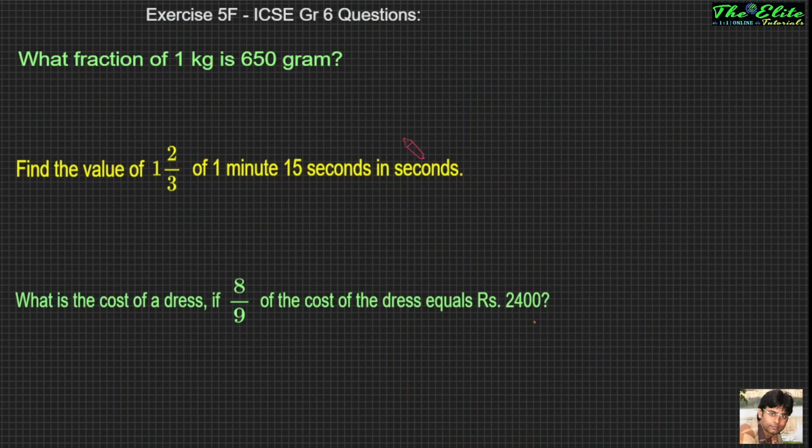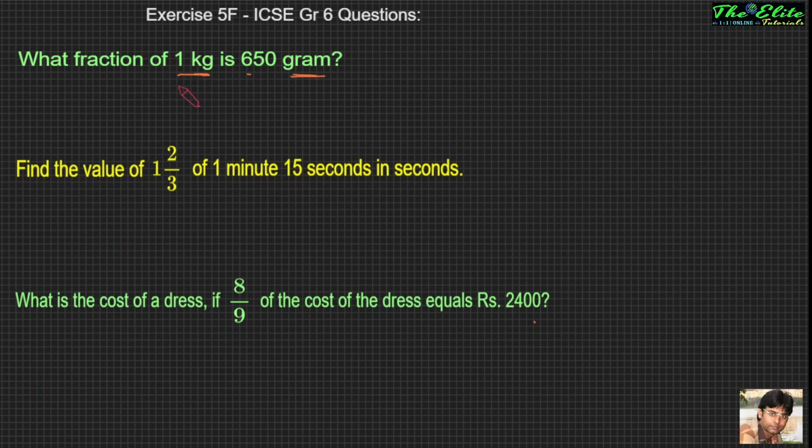Very easy. Again, some questions from the same book of ICSE grade 6. You can see the type of questions they ask in this chapter. What fraction of 1 kg is 650 gram? See, the unit is kg here, the unit is gram here. First of all, you have to change either of the units into the same.